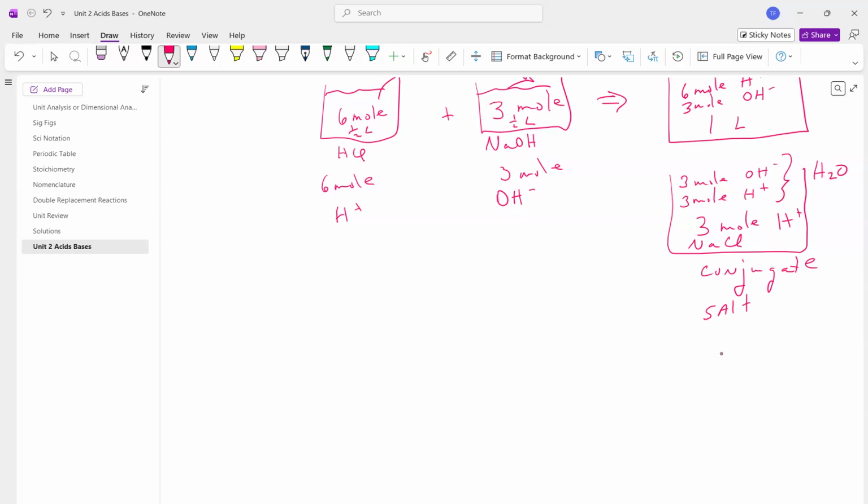So if it's perfectly H's and OH's balanced, all you have left is salt water. But if there's extra of one or the other, you're going to have salt water plus acid or plus base, whichever is more. Does that make sense? Cool. All right, let's do a problem then.